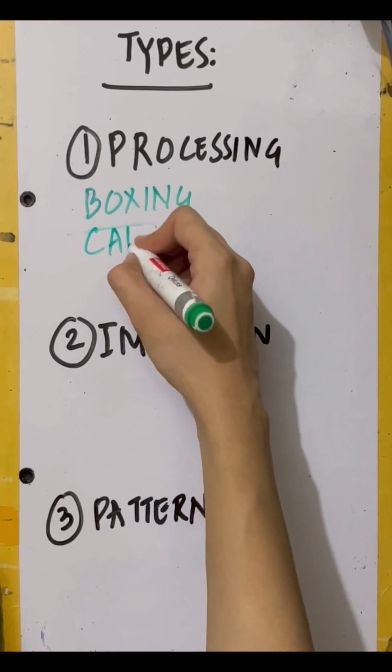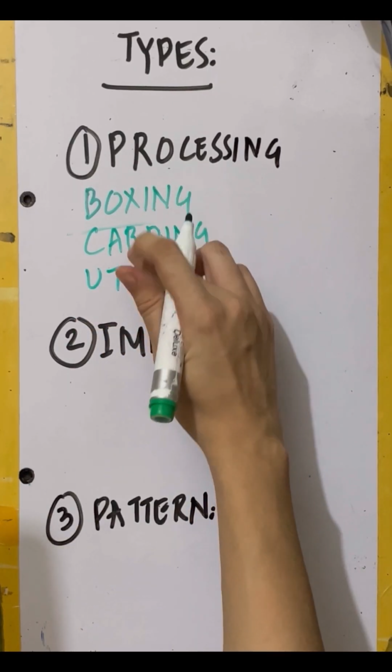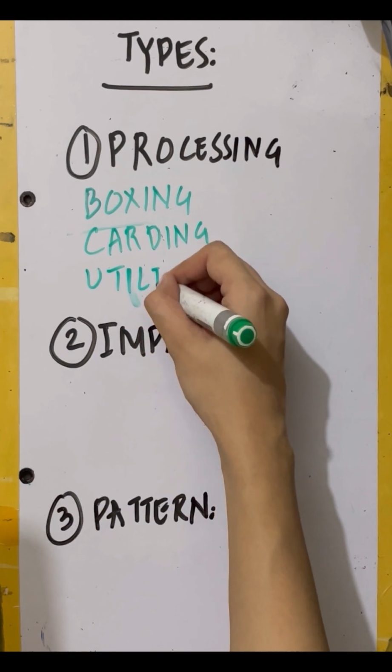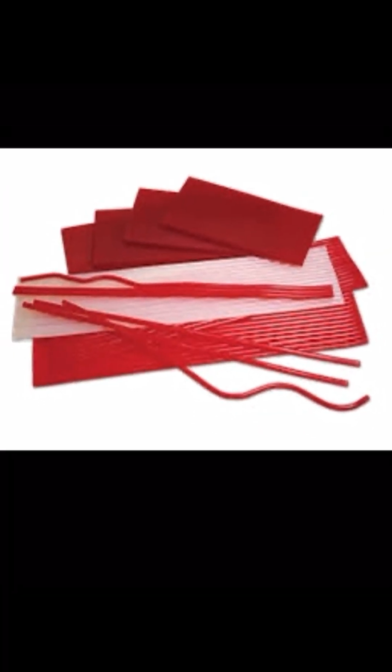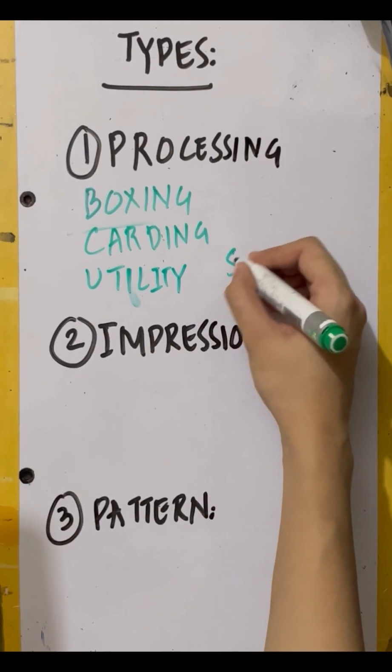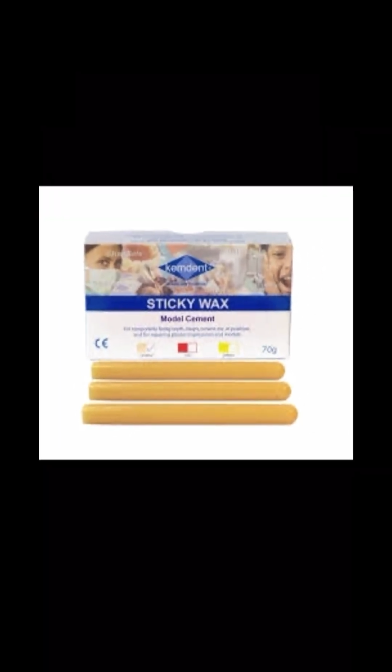Carding wax is used to attach the denture teeth to the display sheet. Utility wax can be used to alter the stock tray extensions. And then sticky wax. Sticky wax is used to align the fractured parts of acrylic dentures. It is used to align fixed partial denture units before soldering.